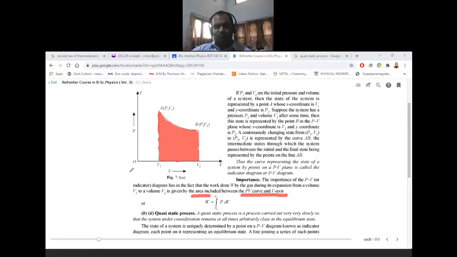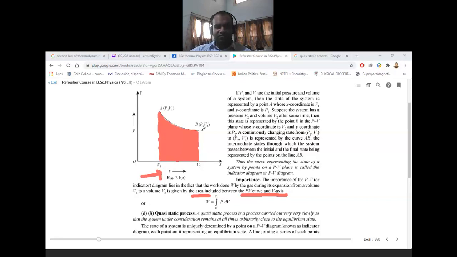Thank you. Anyway, my intention was not to paint here, but to show you that whenever you have a PV diagram, with volume along the x-axis and pressure along the y-axis, there will be a PV graph like this, pressure against volume. When volume increases, pressure decreases.